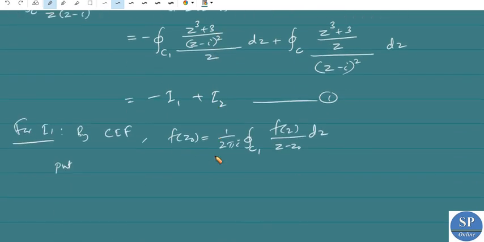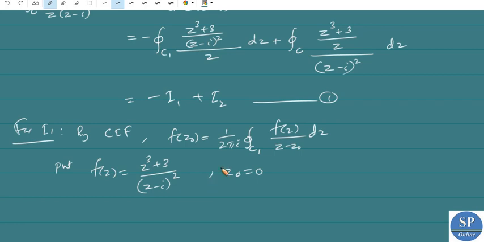So put f of z equal to (z cube plus 3) divided by (z minus i) whole square, and z naught equal to 0 here. So z minus z naught is equal to z.